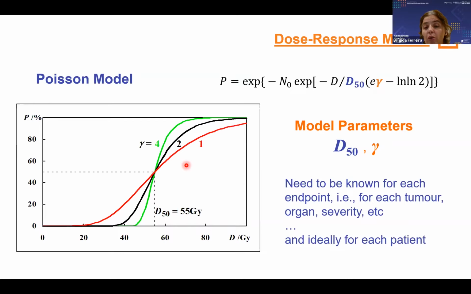And of course, we need to know these curves, their position and their steepness, for each endpoint. This means that we need to know them for each tumor, for each organ, for each complication, for each severity, and ideally for each patient.